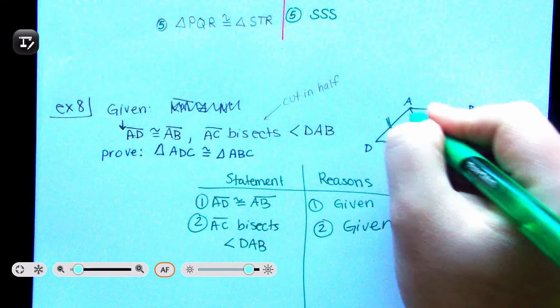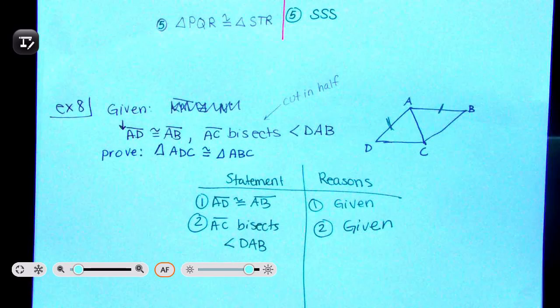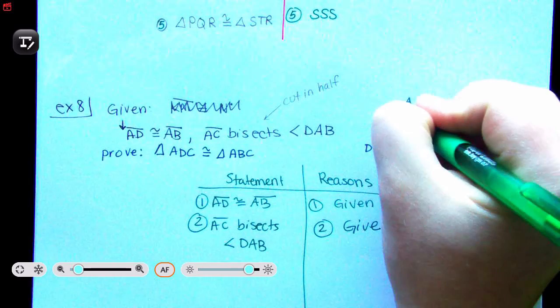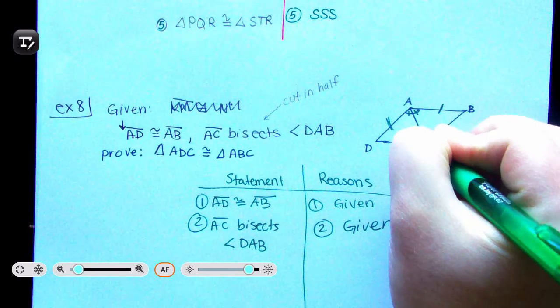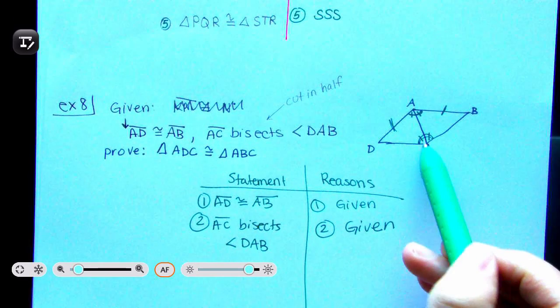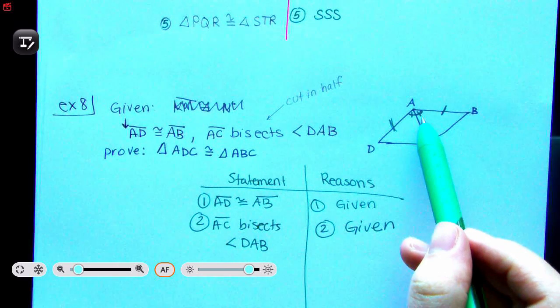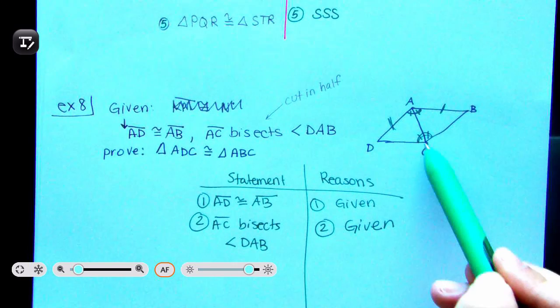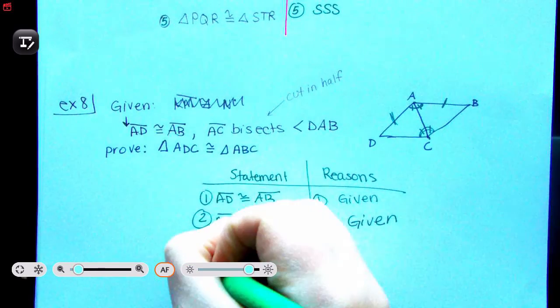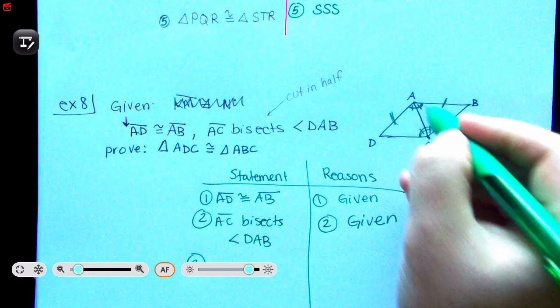So since we have AC being an angle bisector, that means this gets cut in half and these get cut in half. Now, the angles on C are not the same as the angles on A. We don't know that. But we know that angle A gets cut in half and we know that angle C gets cut in half. So step number 3, how did we know this?